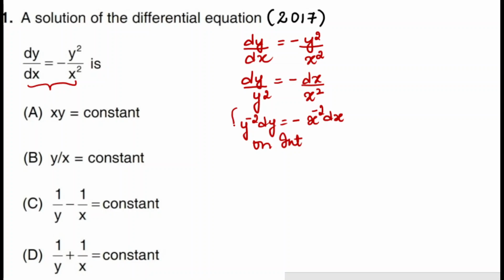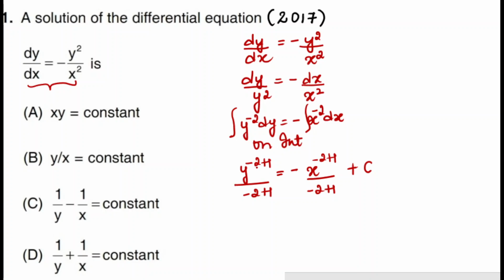what we get, do the integration of this. If I do integration, y to the power of minus 2 plus 1 divided by minus 2 plus 1, which is equal to minus of x to the power of minus 2 plus 1 divided by minus 2 plus 1, and plus constant. Now, after integration, the constant will exist.